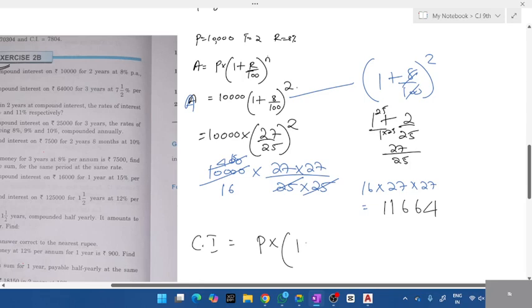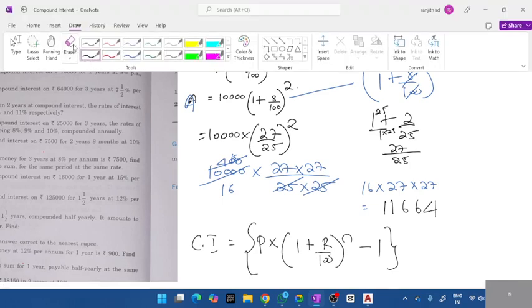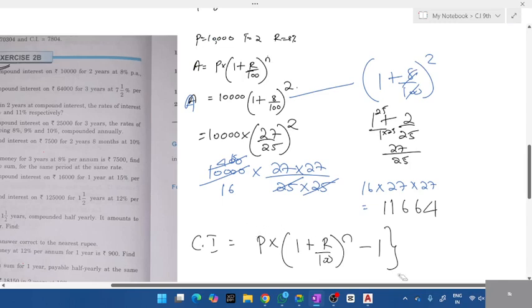P into minus. Okay, even this is not required.